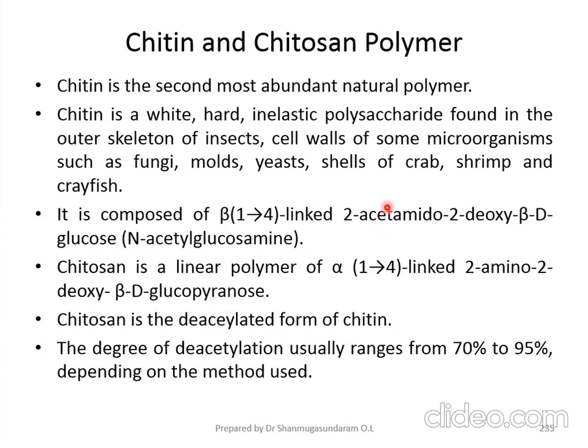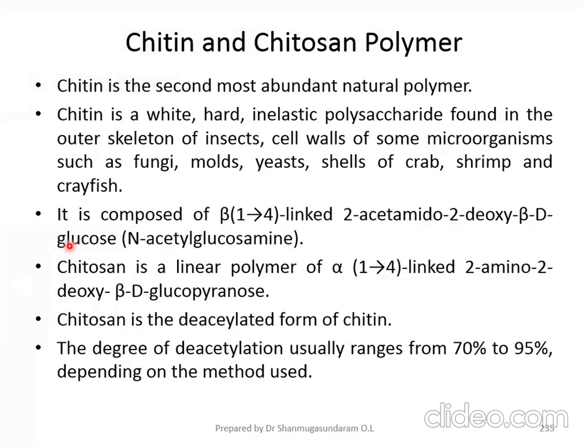So in chitin polymer, acetyl group is there, whereas in chitosan polymer, there is no acetyl group. Whereas your chitin polymer is having acetamido group.